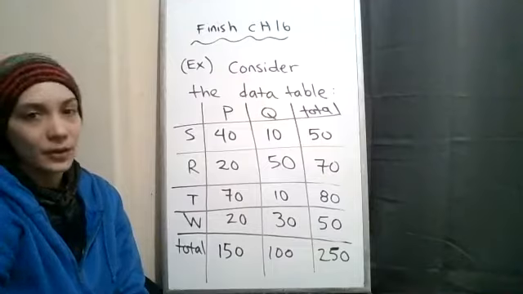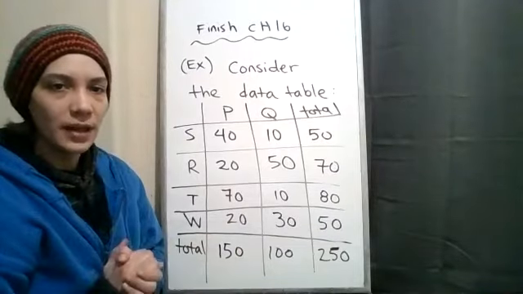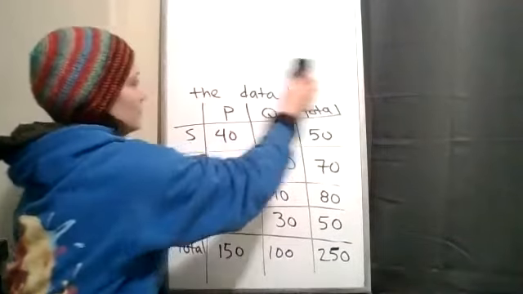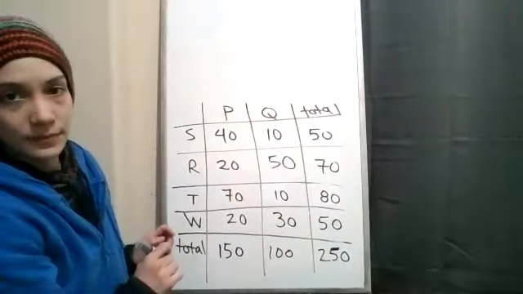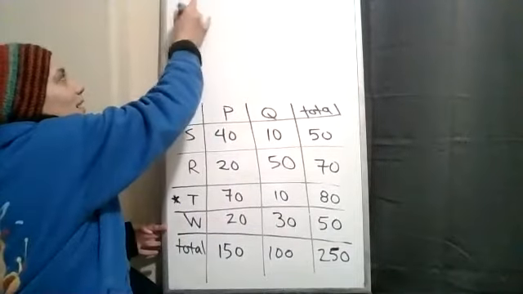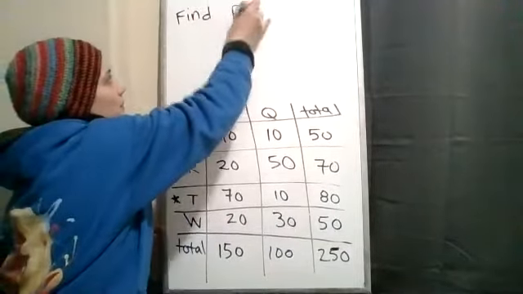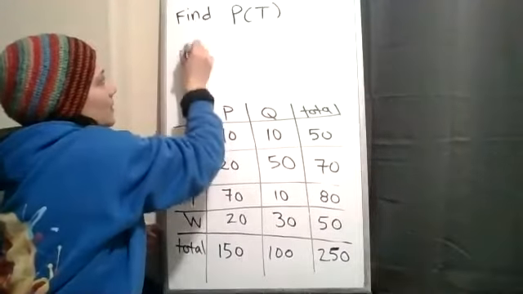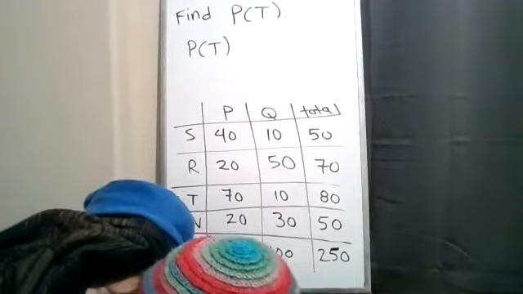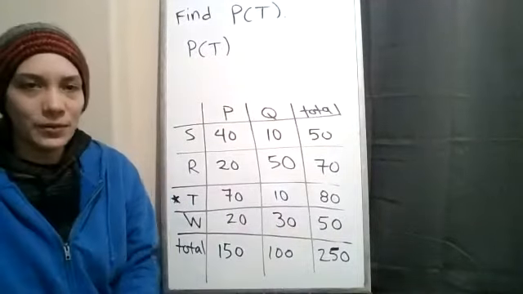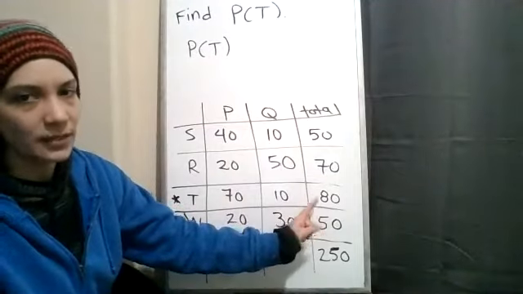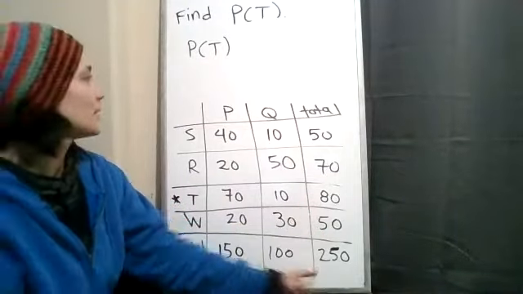All right, now let's ask questions like find the probability of T. We will find the outcomes for T, which is on this side here, 80, and then divide by the total number of outcomes.